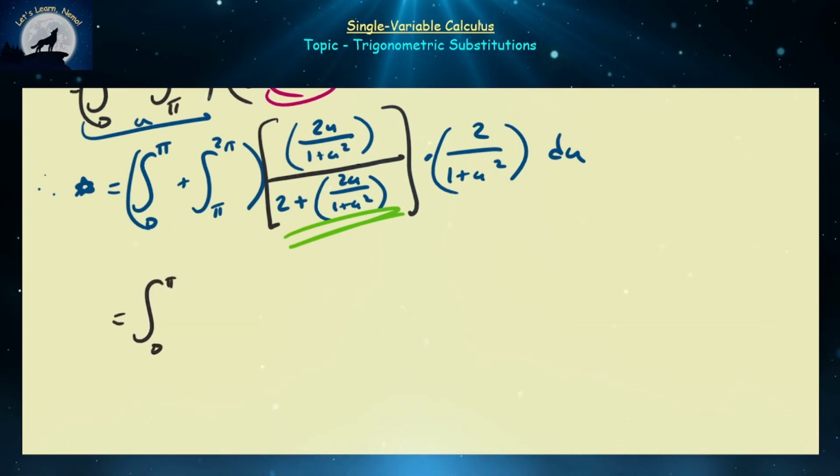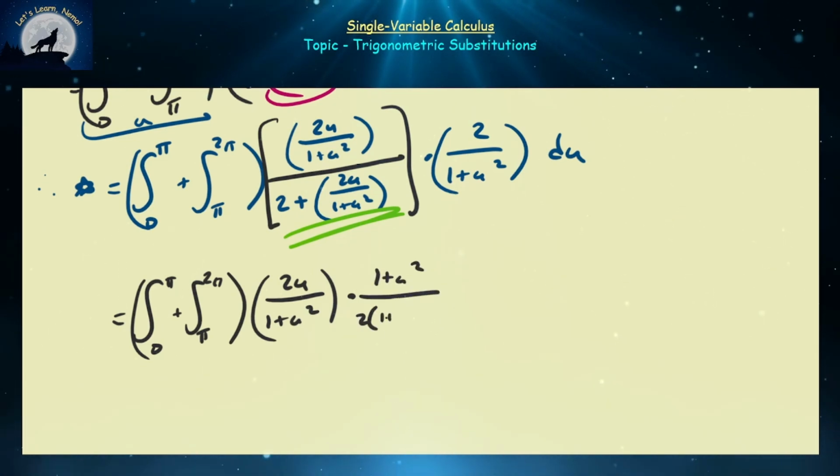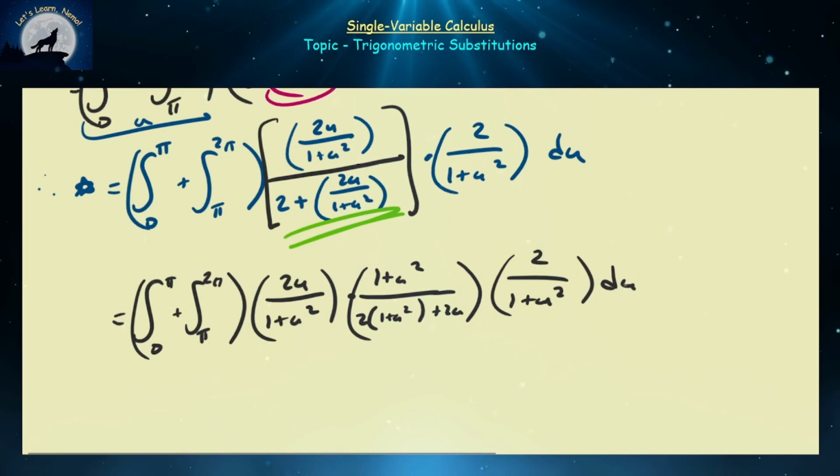So we have the integral from 0 to pi plus the integral from pi to 2 pi, and then that's going to be equal to 2u all over 1 plus u squared times the reciprocal of the bottom, which is going to be equal to 1 plus u squared all over 2 times 1 plus u squared plus 2u, times 2 all over 1 plus u squared du.